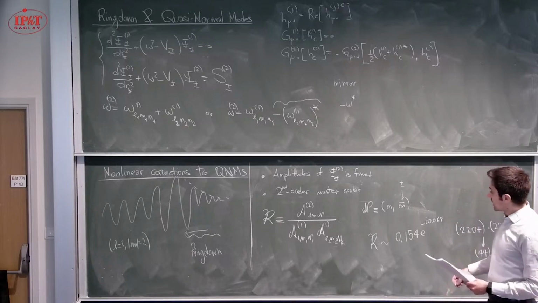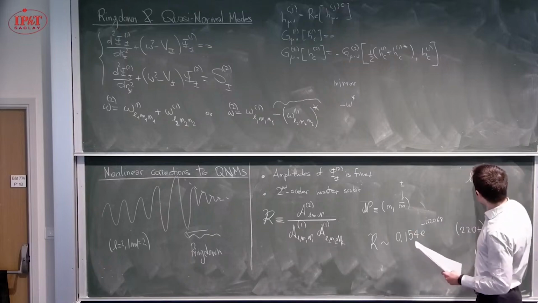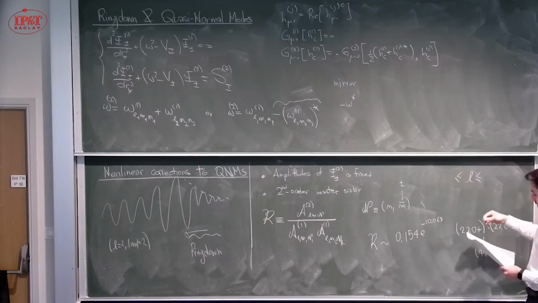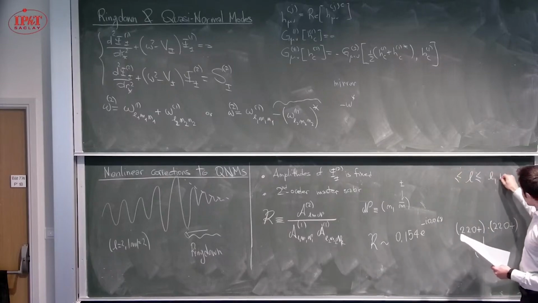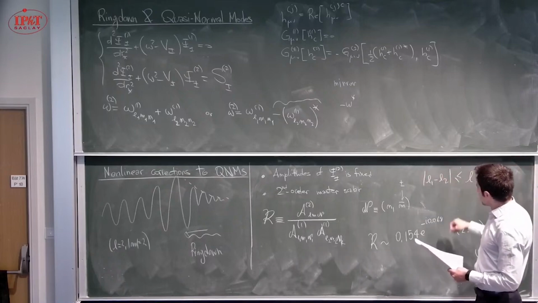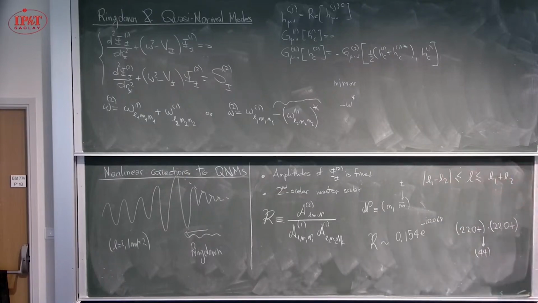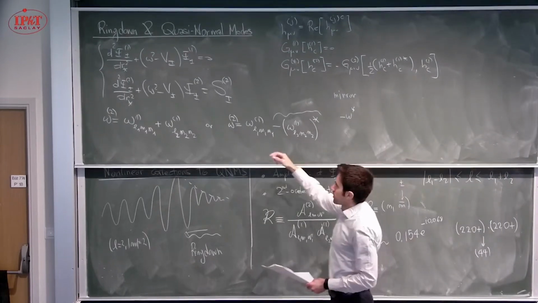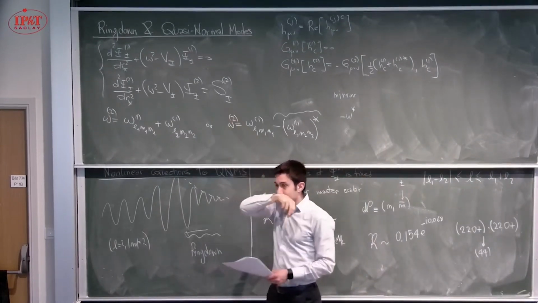And of course, I didn't tell you, but this L satisfies the standard inequalities. These are just standard angular momentum rules when you combine the two first order modes on the right hand side.